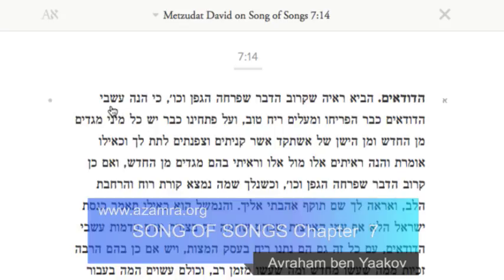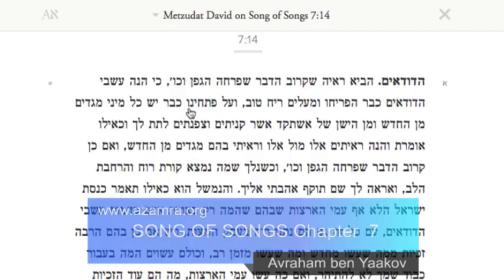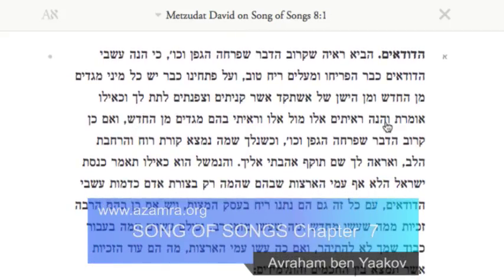Because look, the herbs of the mandrakes, this wild flower, have already flowered forth and are already bringing up a good fragrance. And already at our very entrances are all kinds of precious dainties, both new and old ones from the previous year, that I have acquired and treasured all up to give you.